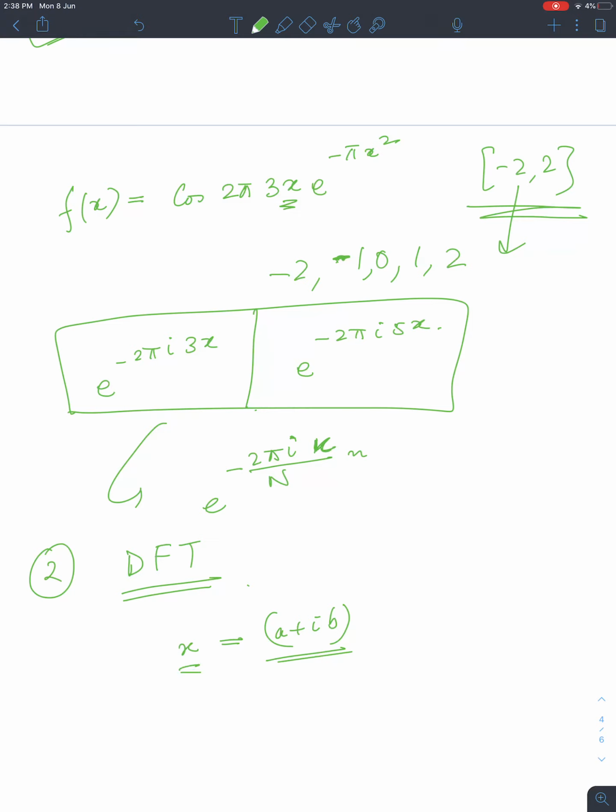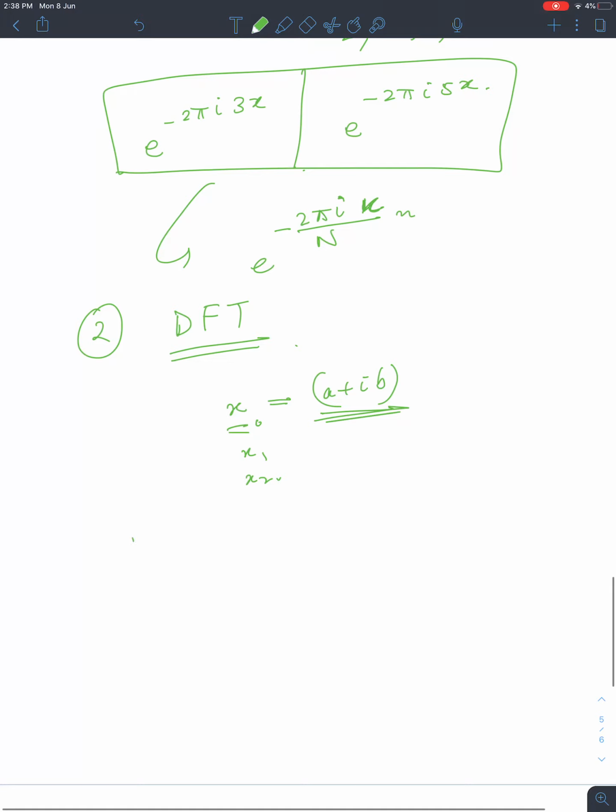X is a function of time. So you have x0, x1, x2, etc. You have a plus ib, both the components, and then you are going to find capital X0, which will be a0 plus ib0, a1 plus ib1, a2 plus ib2, and so on.